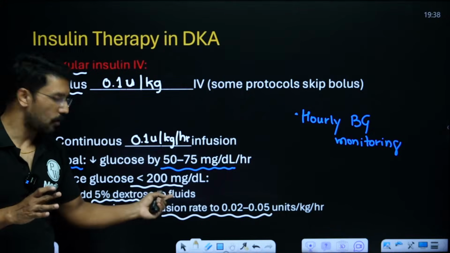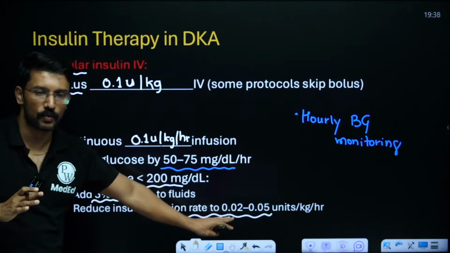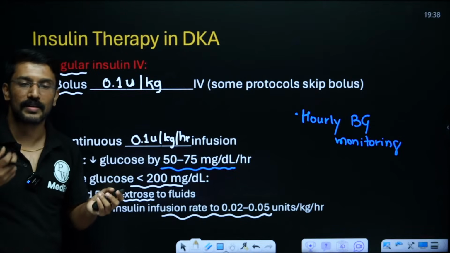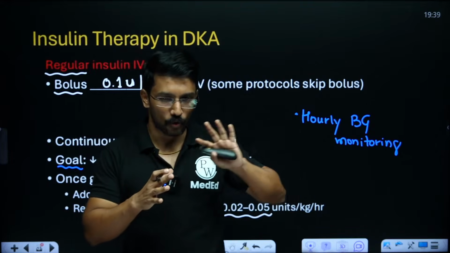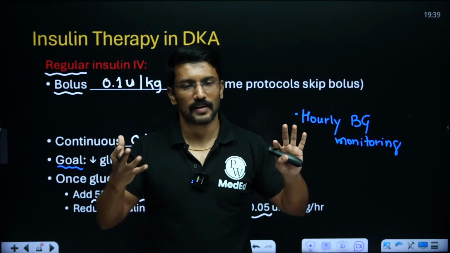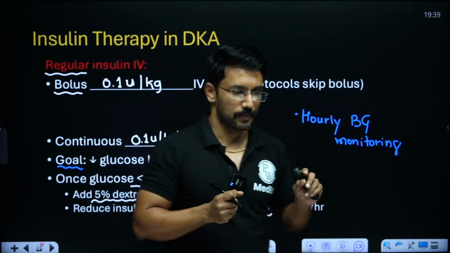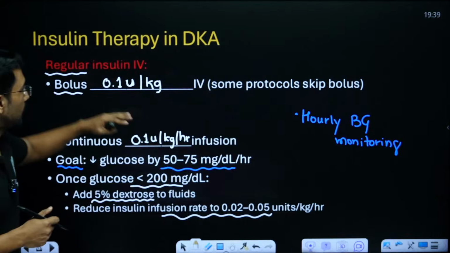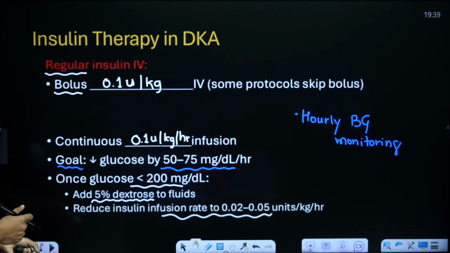Don't worry, this will not push their blood glucose level very high, because we are still giving the insulin. This will help the cells utilize this glucose, because हमने fatty acid as a source of energy को रोकने की कोशिश की है, but at the same time I also need to provide glucose for the cells to use as a source of energy. Okay, so this is about the blood glucose management and insulin in case of diabetic ketoacidosis.